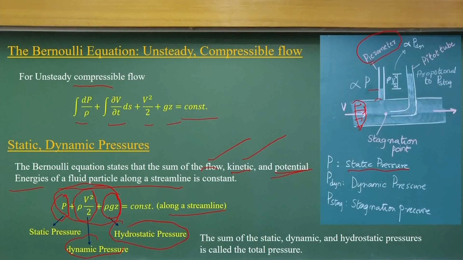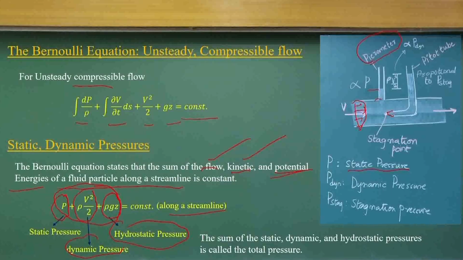But if I insert a tube and put it inside this, and the flow is moving with velocity v, since it is a contact, a fixed point, the velocity has to be 0 at that point. So the stagnation point will form there.